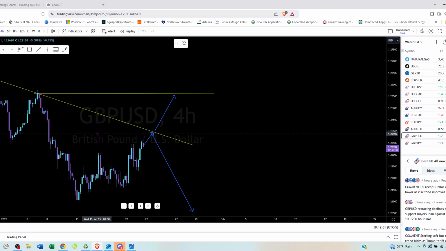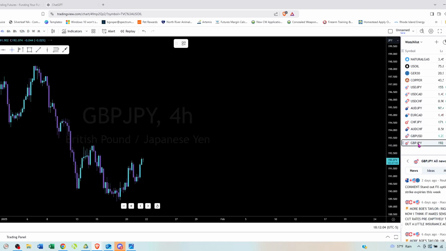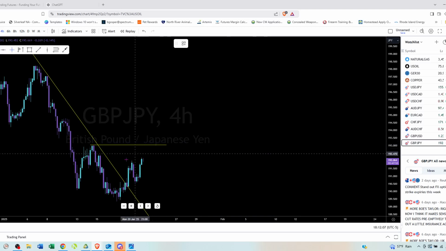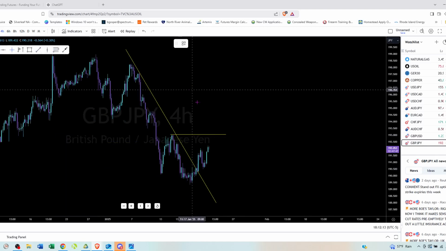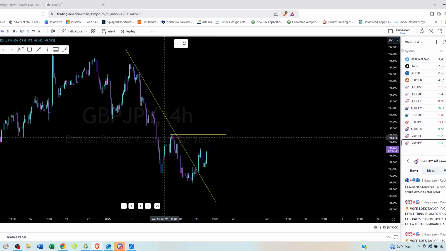Okay, and pound yen I already showed you on the funded account, but essentially, again, we've got this overhead longer term trend line that was breached, but we do have this resistance or previous swing area up above that, for any long-term break, would have to be taken out.